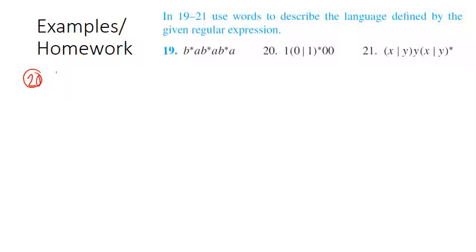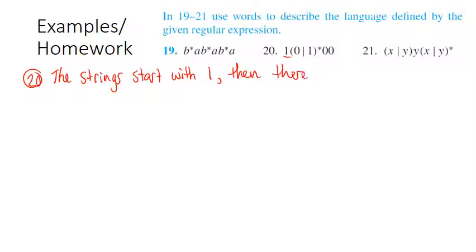So for 20, the strings start with 1. They have to start with 1 because you have that 1 first, right there. Okay, and then there are any number of ones and zeros in any order.